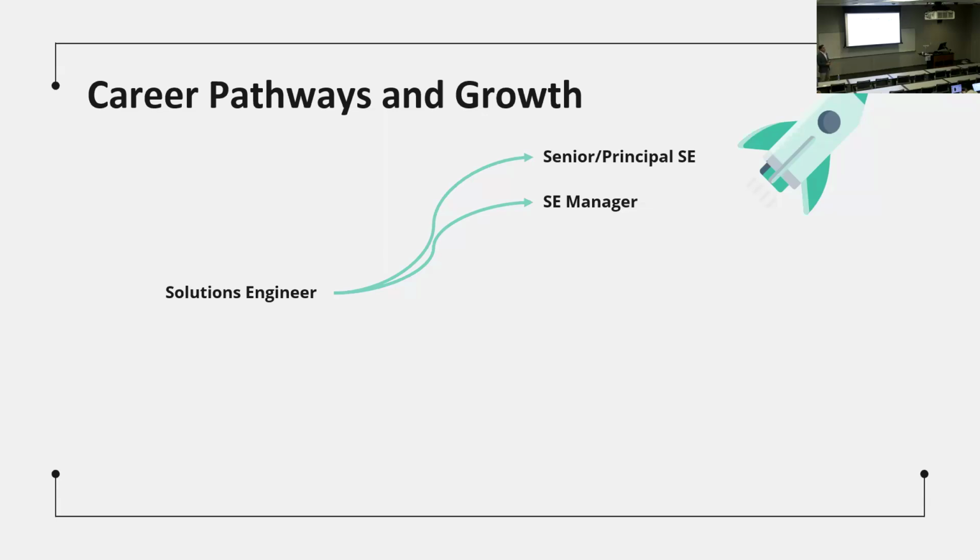Also, if you become a solutions engineer and you're interested in trying out other paths, you could go down the product management role. As a product manager, you're going to be working specifically with customers, trying to figure out what is really needed by this product and how we can implement it. What are the timelines?